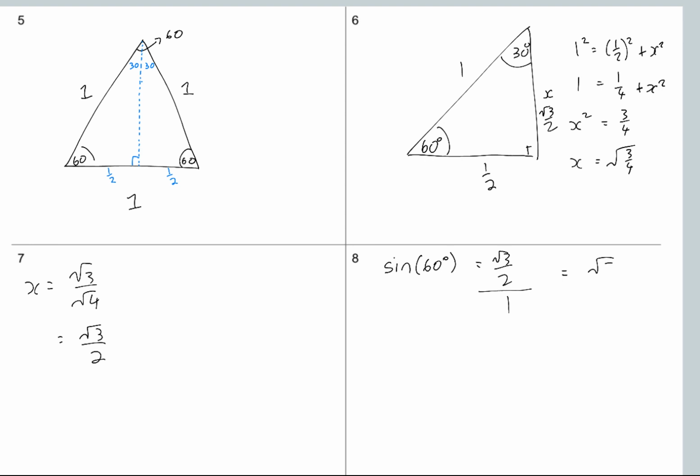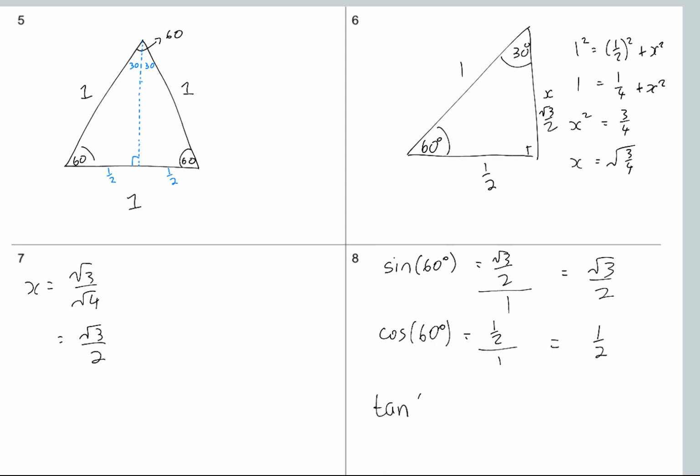So that's going to be root 3 on 2. Yay. Cos of 60 degrees is adjacent over hypotenuse. So we've got a half over 1, which is just a half.